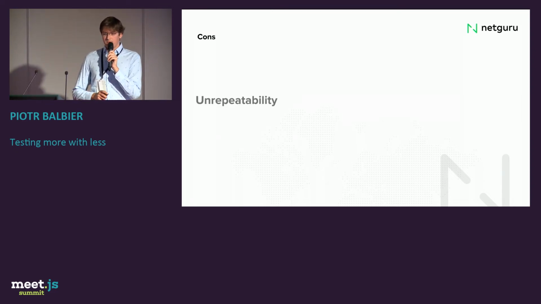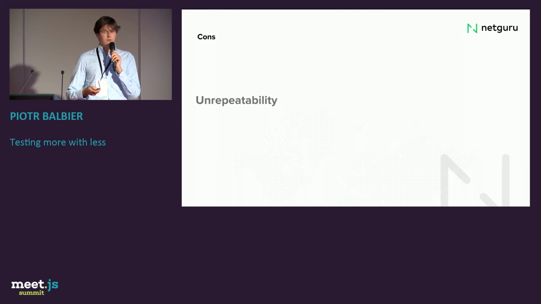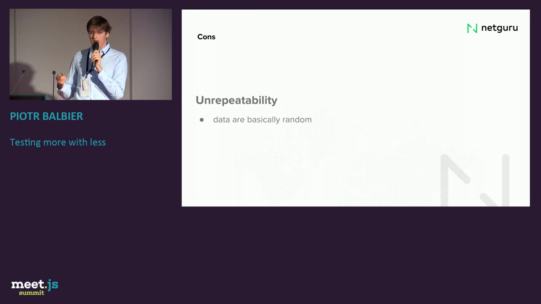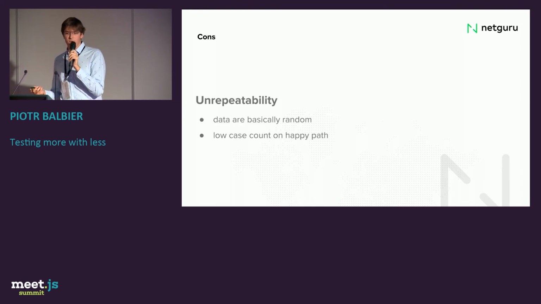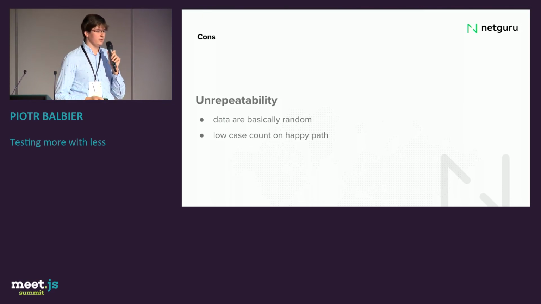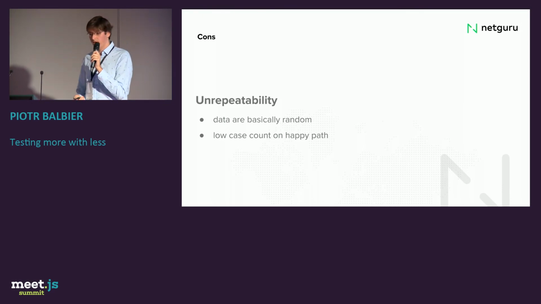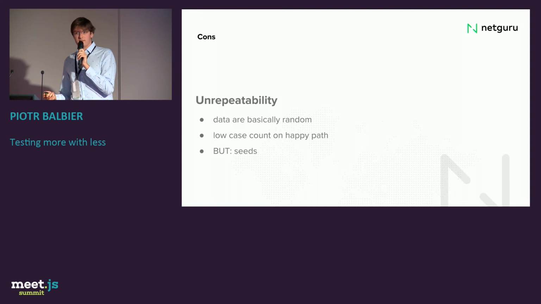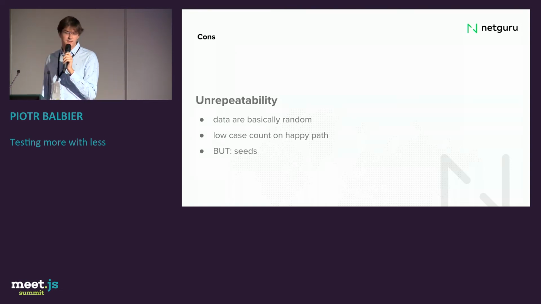And there's also unrepeatability. It's random data. And what's more, if you go through the happy path without any errors, it tests only 100, and on each run, it's another 100 cases.